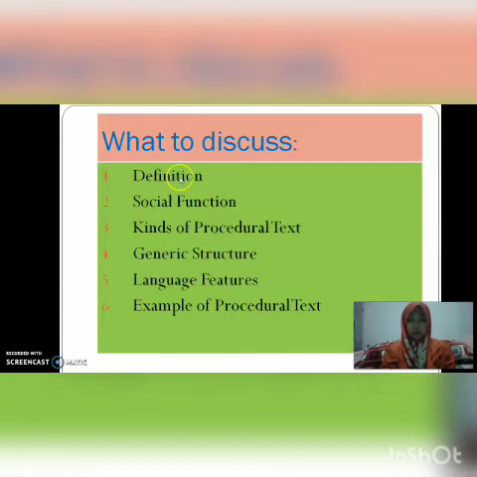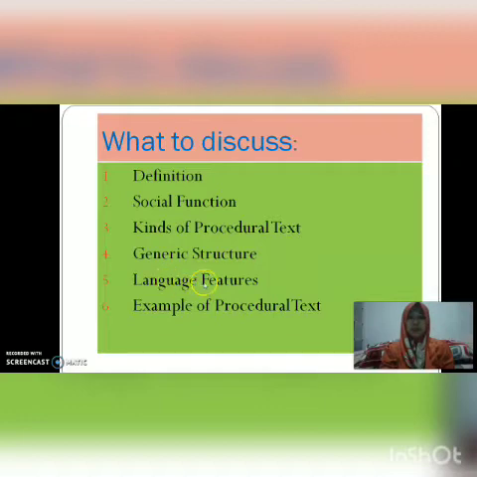The first one is about definition, of course, and the second one is about social function, and then kinds of procedural text, and then the fourth is generic structure.